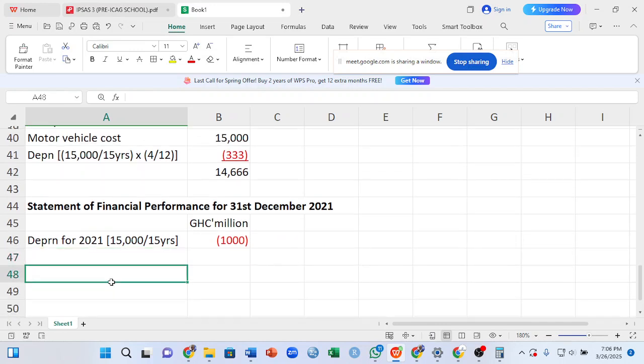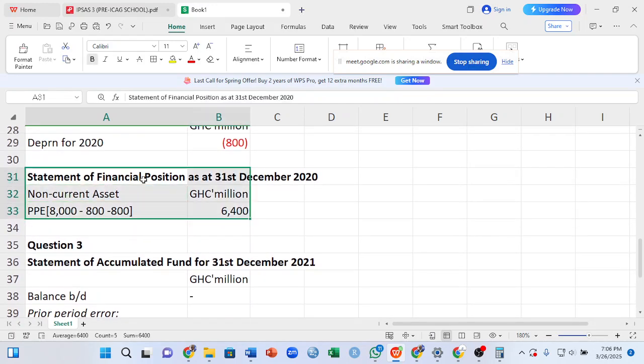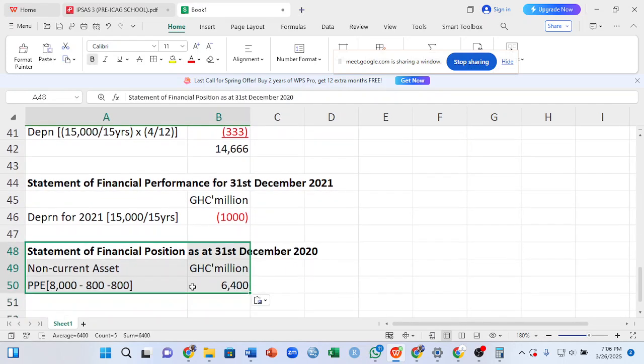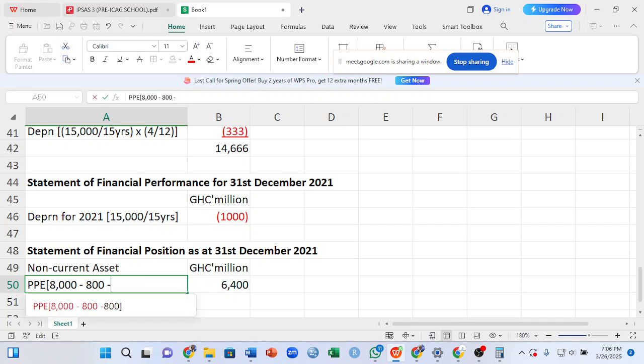Now we come here, statement of financial position. Here we bring the cost of the assets, which was the 15,000. We'll subtract the first year depreciation, which was the 333. Second year depreciation is 1,000.